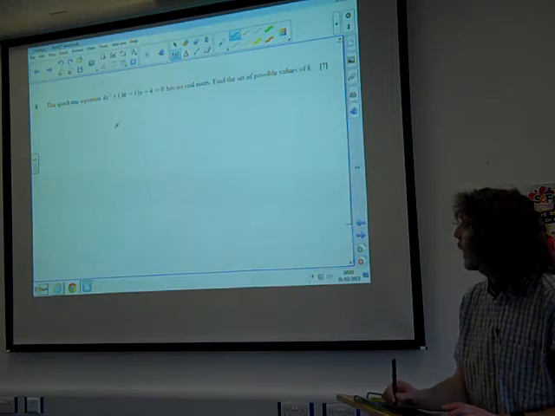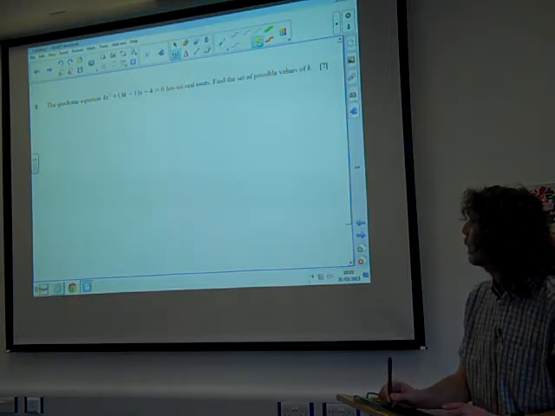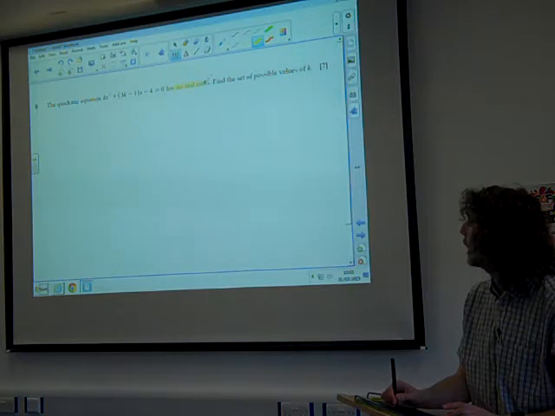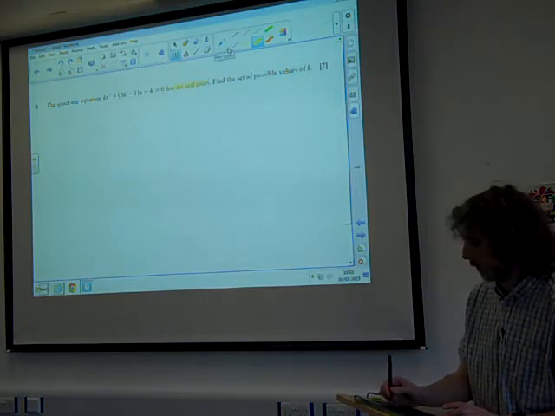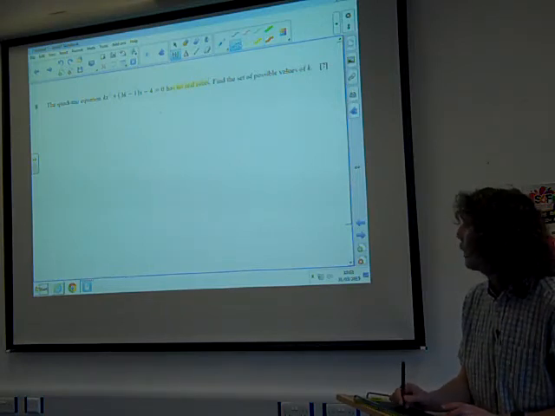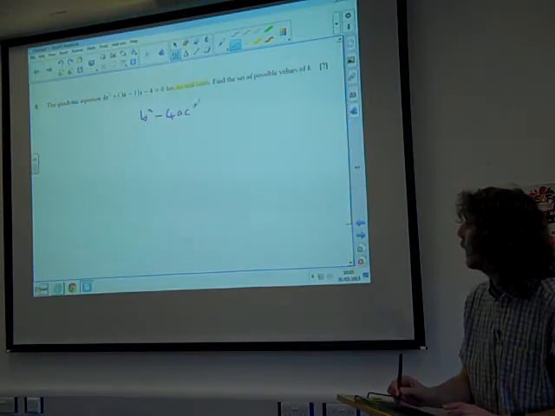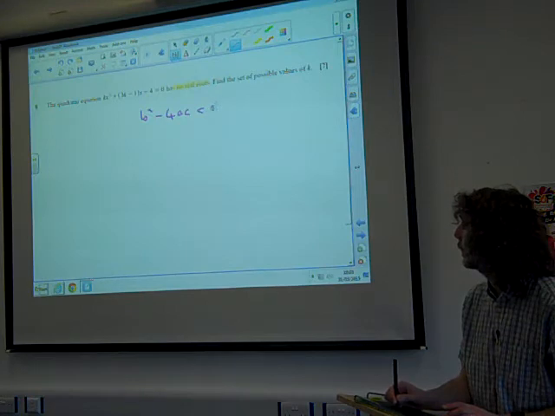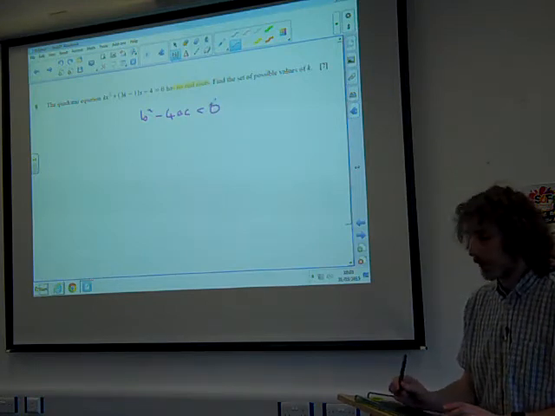So, it has no real roots. That's the first bit we're looking at, and that means that b squared minus 4ac is less than 0. No real roots. So we've got to work on that now.